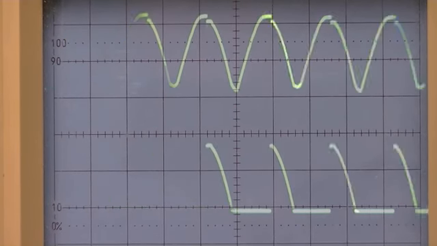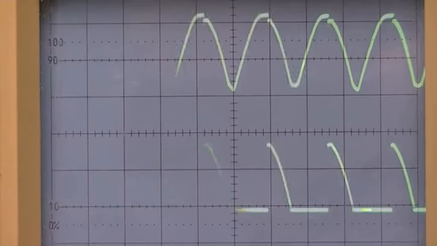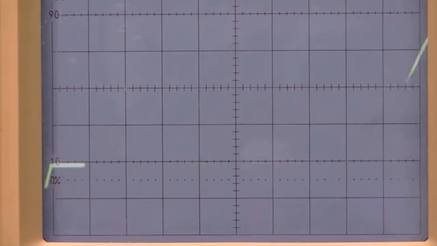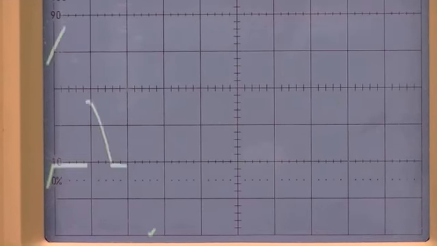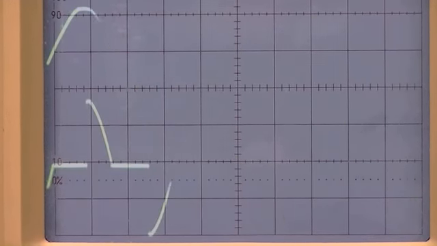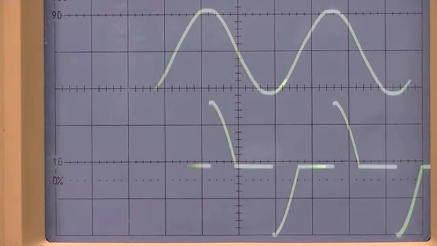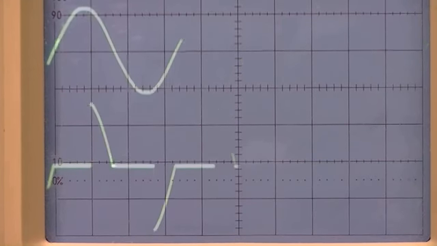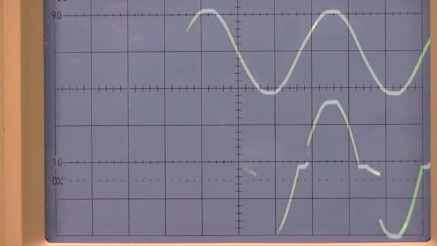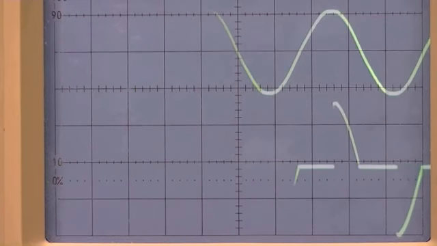Let's move on. This time we're looking at full wave AC, which is going to be your top trace. And now I'm just using the triac as a triac and not through a diode bridge. And if you notice each half cycle below, be it positive or negative, I can control the on time.